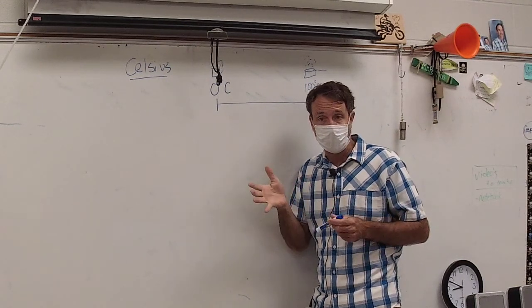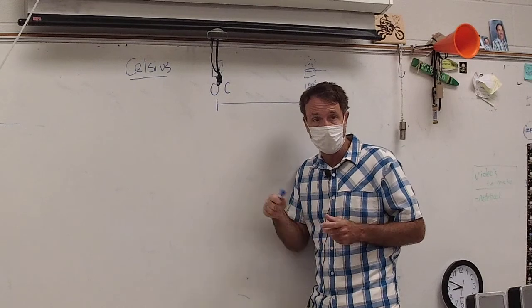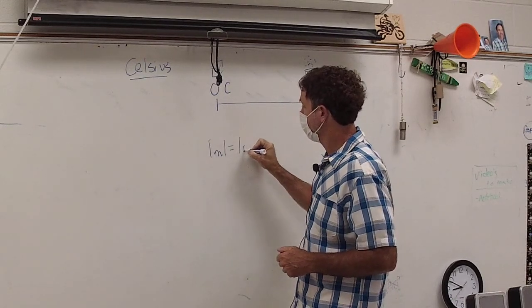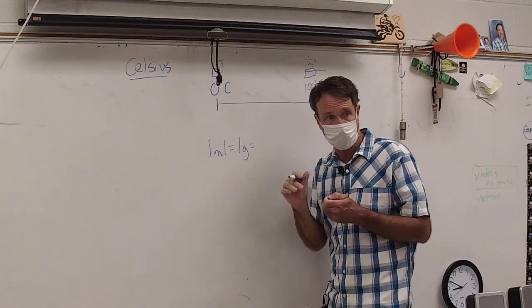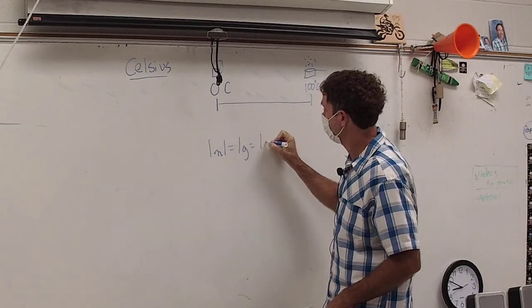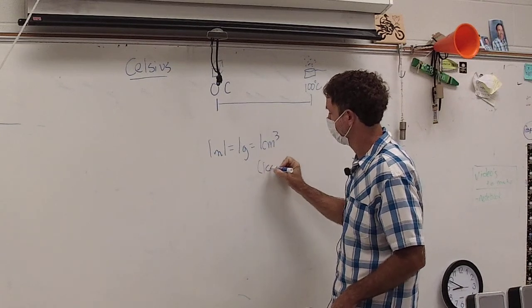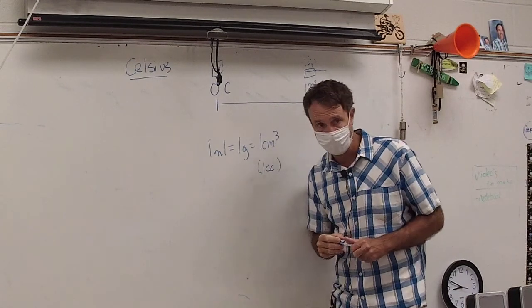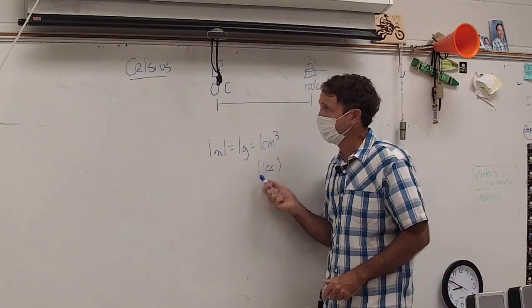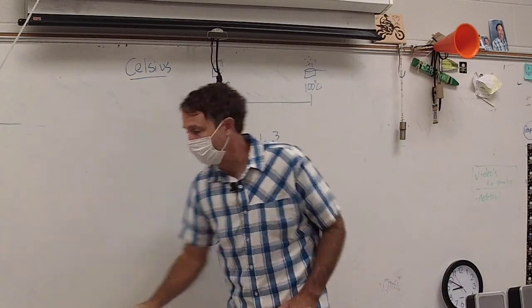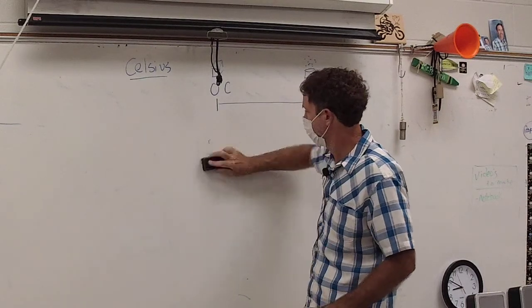The metric system is based on water, like 1 milliliter of water weighs 1 gram. And if you put it in a little cube, it would take up 1 cubic centimeter of space. Another way to put that is 1 cc. Well, Celsius is a great tool to use, especially when we're working with water, all right?